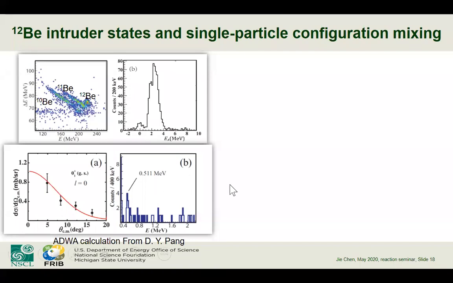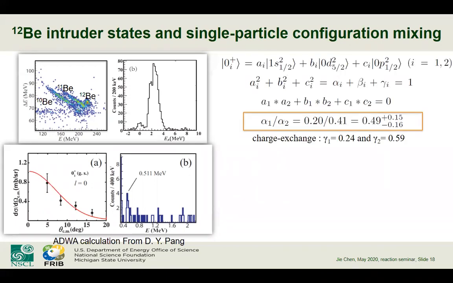After getting these cross sections, by comparing with the ADWA calculation from Dan Pang, we can determine the ratio of spectroscopy factors of these two states to represent the ratio of the s-wave component within these two states. We use the ratio of these spectroscopy factors because it is more stable against different optical model parameters.